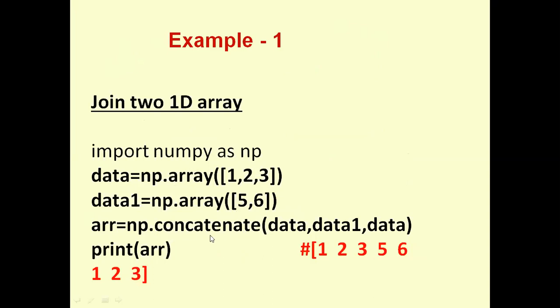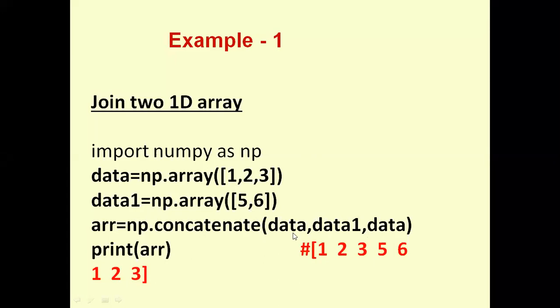You have to write the full name of concatenate: data, this value, data1, this value, and again data. First value 1, 2, 3. See here, second value 5, 6, and third value, again data is given here. So 1, 2, 3 will be printed. You can concatenate as many times as you want, and it will concatenate the values of the same type.